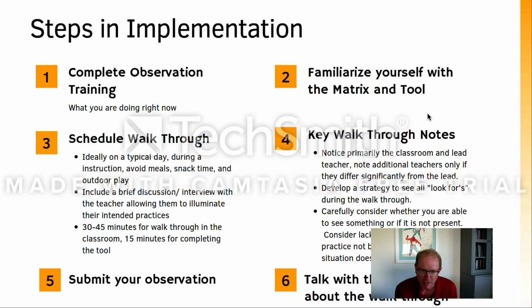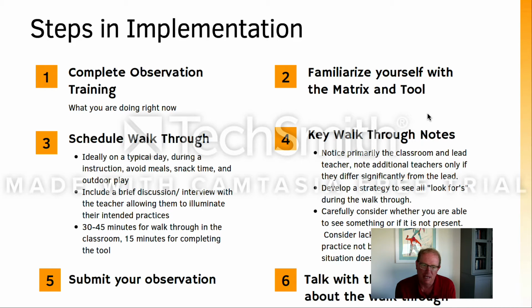And try to avoid mealtime, snack time, outdoor play, when you wouldn't be seeing instructors in action, because we're really focusing on key instructors. And we want you to make sure you include an observation and a brief discussion with the teacher, allowing them to talk about their practices. There's the reflection part, right, to get them actively talking about it.